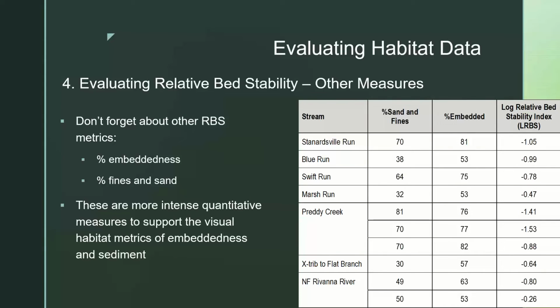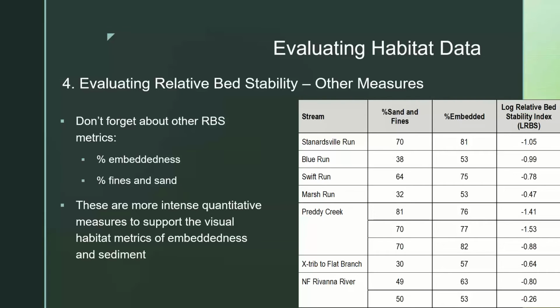In looking at relative bed stability data, don't forget the other measures that are there. We end up with the final ultimate score of a log relative stability index, but there's also great information on percent sands and fines, and percent embeddedness.